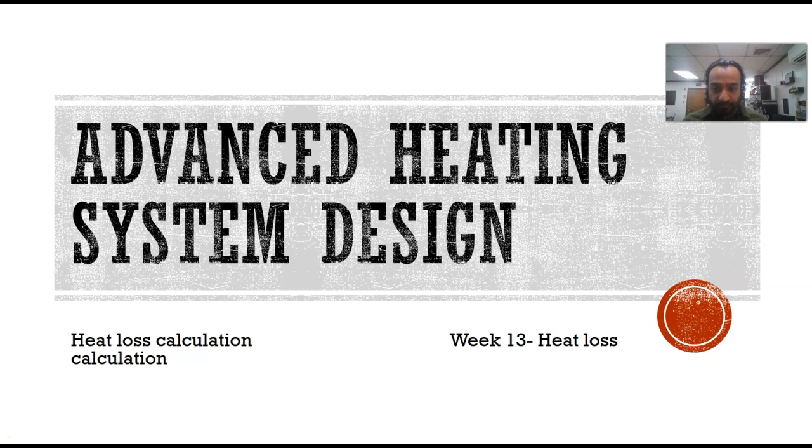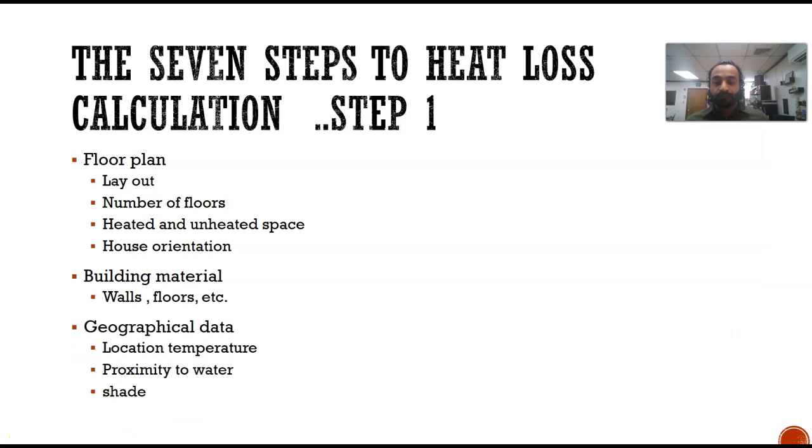Okay, so we'll start with the steps. What do you do? First thing, you have to have your floor plan. Either you will obtain that from the customer or wherever you are going to install your heat loss in, or you have to go and do measurement by hand and put that on a piece of paper.